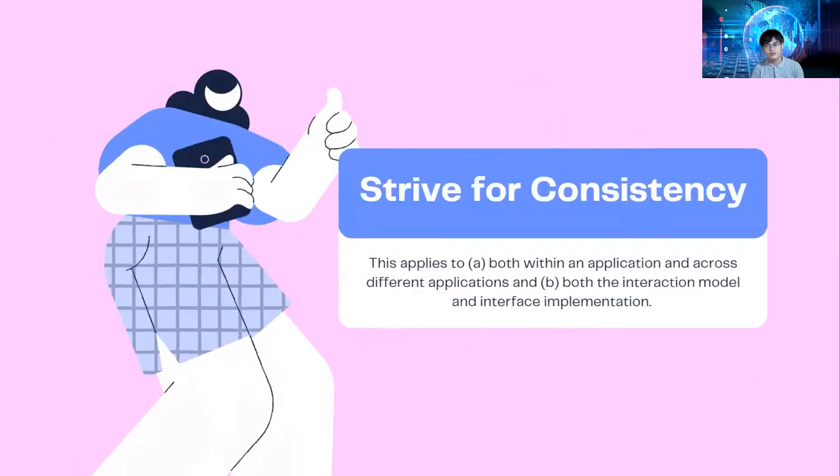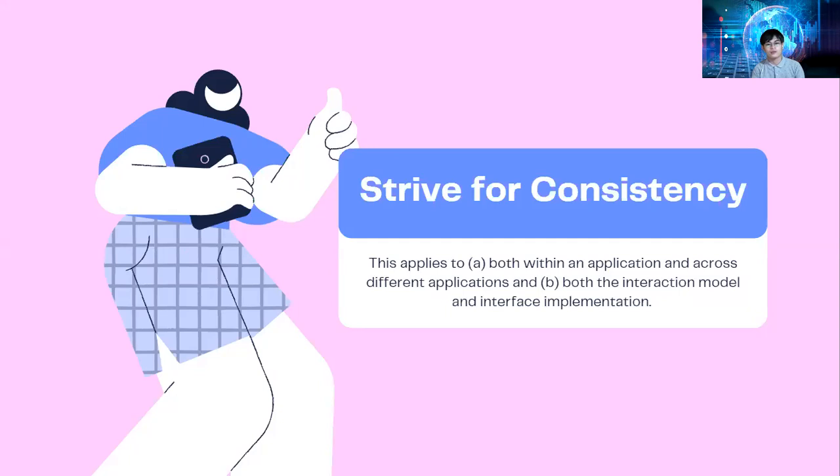Next, strive for consistency. As for the consistency, this applies both within an application and across different applications, and both the interaction model and interface implementation. So there should be consistency. Okay, it must be consistent.